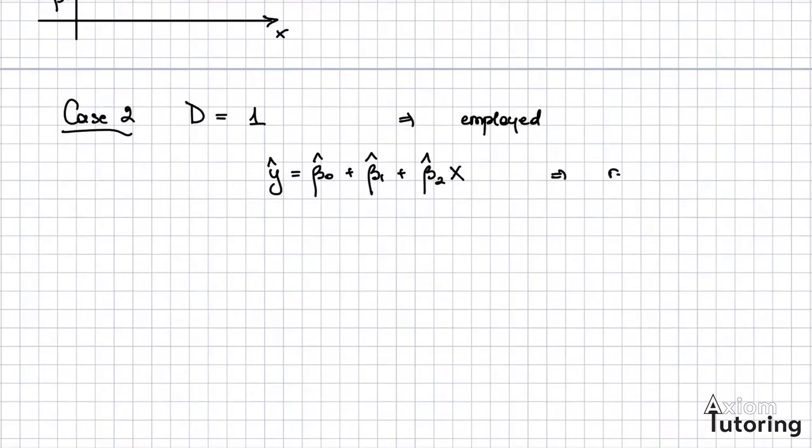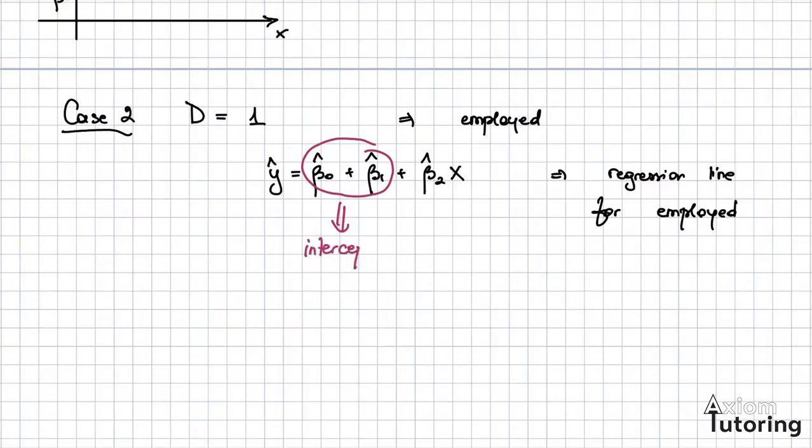This is the regression line for employed people. And the intercept for this new line is the sum of beta 0 hat plus beta 1 hat. And beta 2 hat still remains the slope.